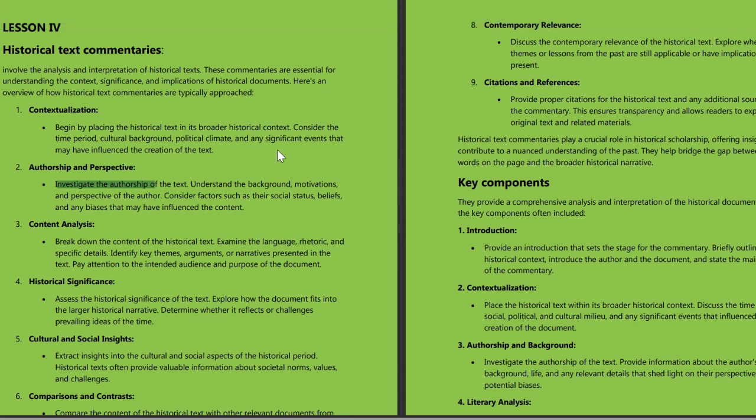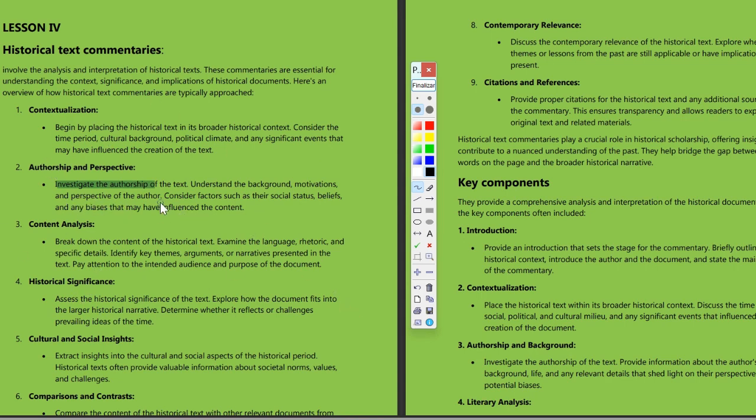So we will always be investigating the author and places. Right, let's continue. Investigate the authorship of the text, understand the background, motivations, and perspective of the author.